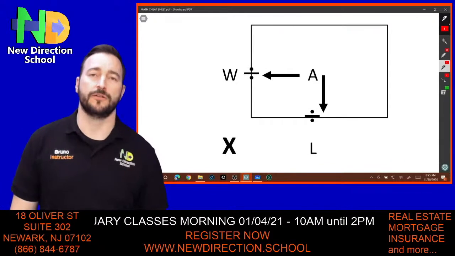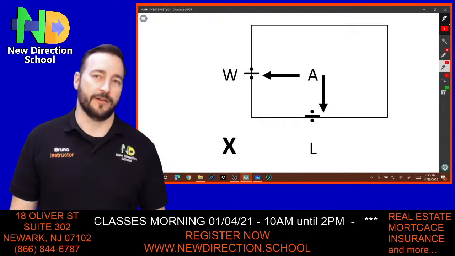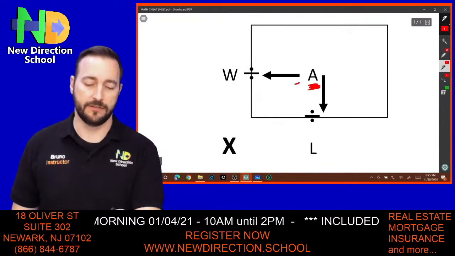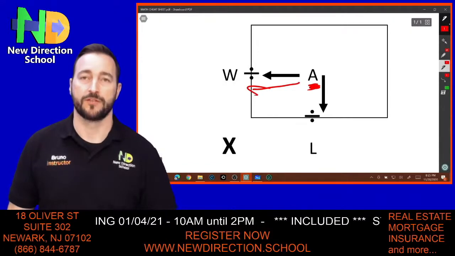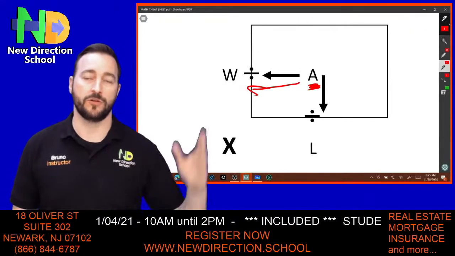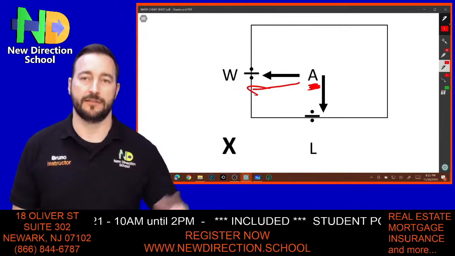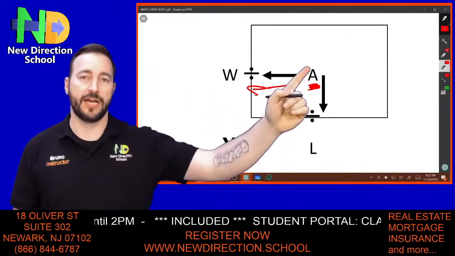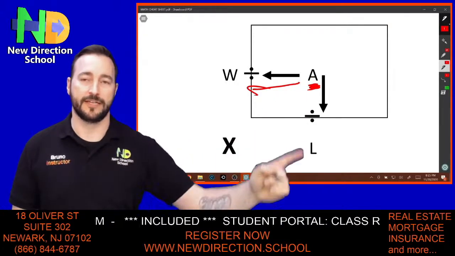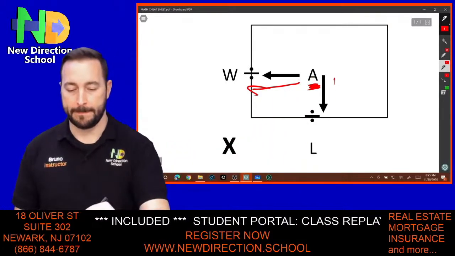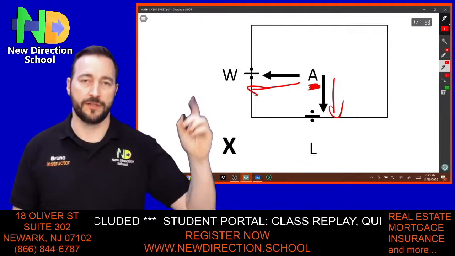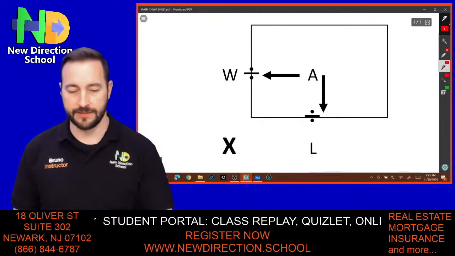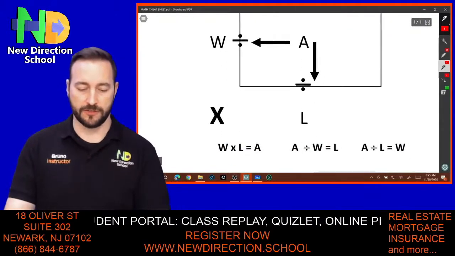As I mentioned earlier, area, we're going to use the inside number, and we always divide by the outside number. So if they gave you the area and they gave you the width, then area divides by the width to figure out length. If they give you the area and they give you length, then area divides by the length to give you the width. And it's as simple as that. Okay. So the formula is right here, all the variations of it.